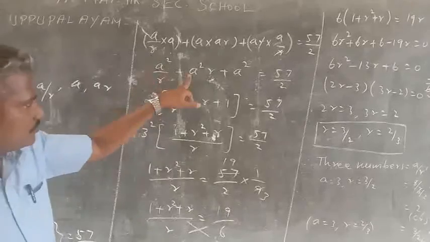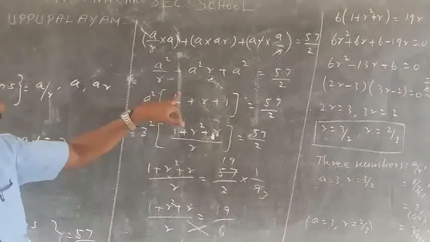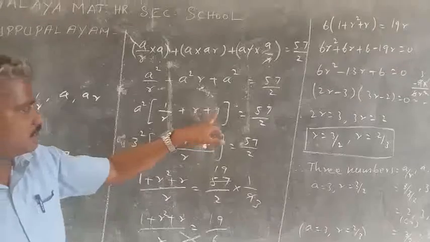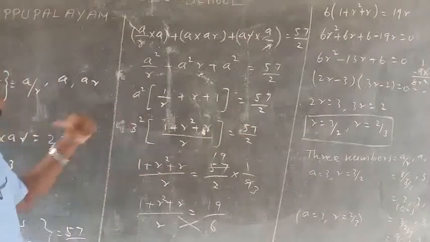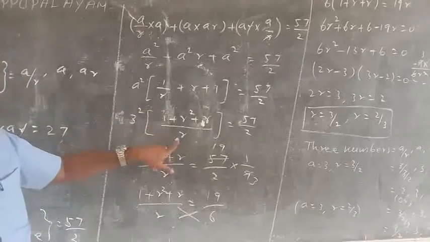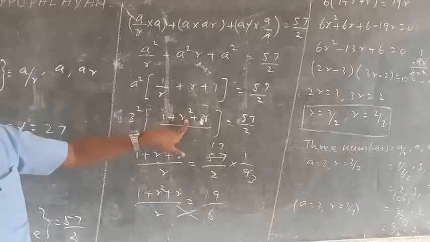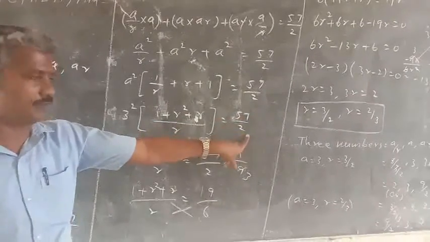Now all terms common A square. Take outside A square into 1 by R plus 1 plus R is equal to 57 by 2. So A value 3. So 3 square is equal to, R LCM, 1 plus R into R square plus R into 1 by R is equal to 57 divided by 2.